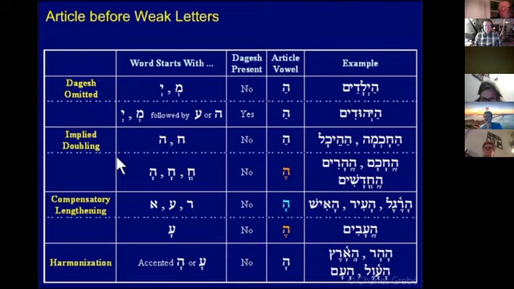Let's look at the gutturals and resh. Now, the gutturals and resh can be divided into two groups. The hey and the chet are called the strong gutturals. They're ones you pronounce. The aleph and the ayin you either don't pronounce that strongly, or they aren't pronounced at all.